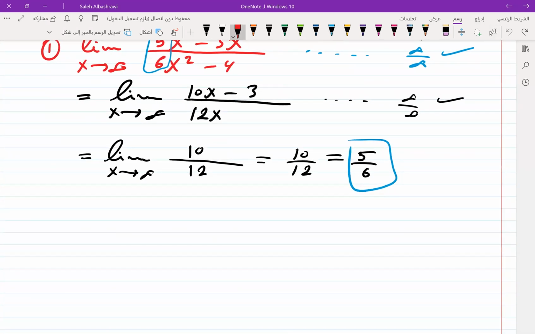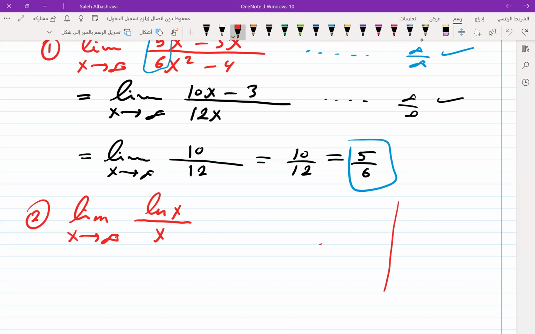Another example, number 2. Limit of ln x divided by x as x goes to infinity. You know the graph of the logarithmic function takes this shape.